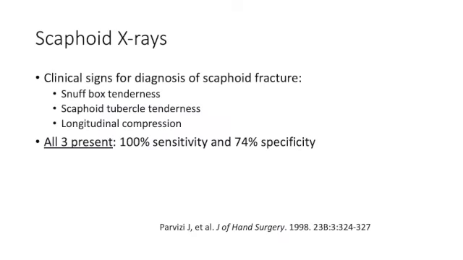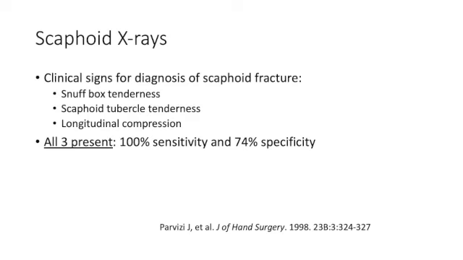In looking at scaphoid x-rays, this is where we as physical therapists really need to be aware of these clinical signs. Snuff box tenderness: our patient comes in and says, hey, I'm having a lot of pain right in that anatomical snuff box.